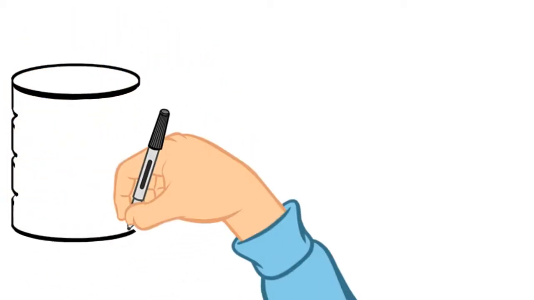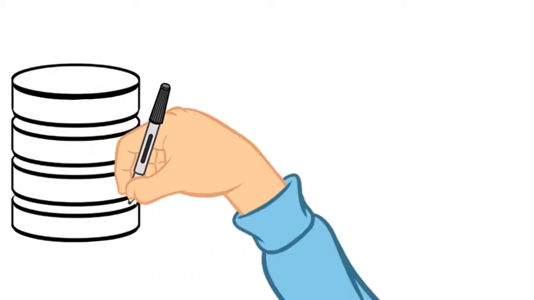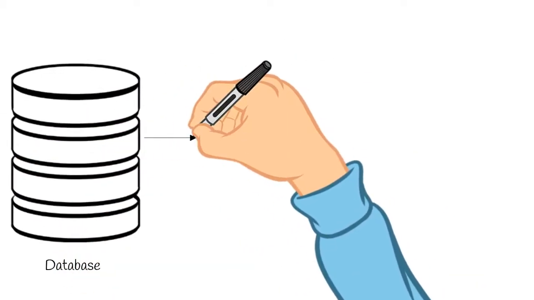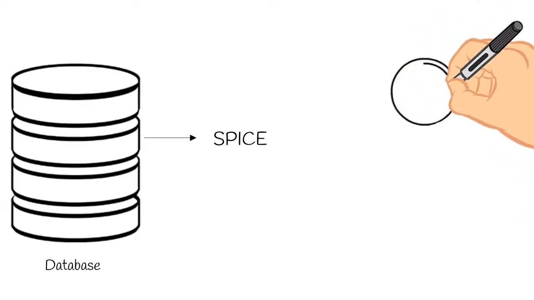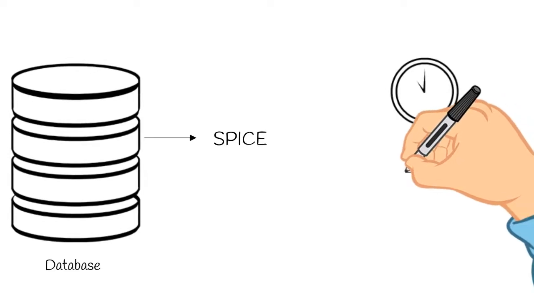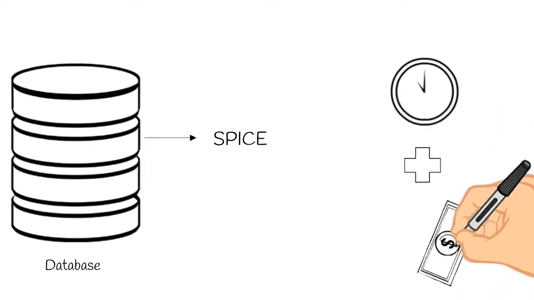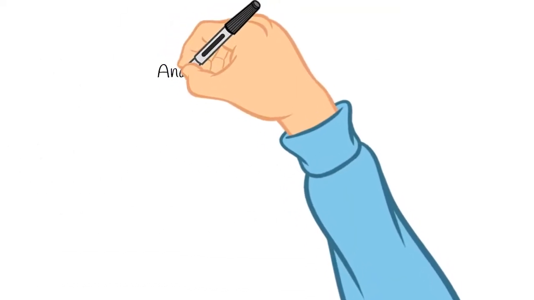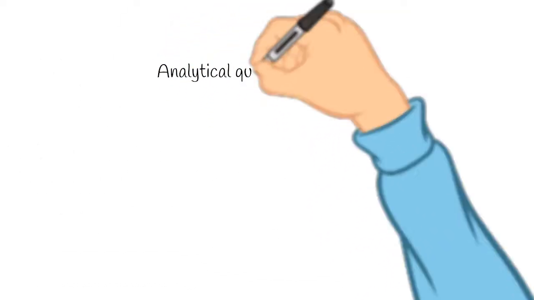Now, when you create or edit a dataset, you choose to use either SPICE or a direct query unless the dataset contains uploaded files. Ingesting your data into SPICE can save time and money. How? Well, your analytical queries process faster.